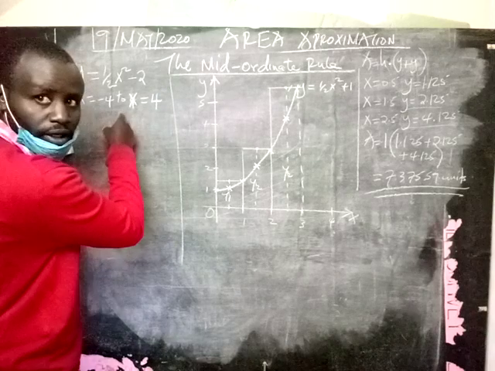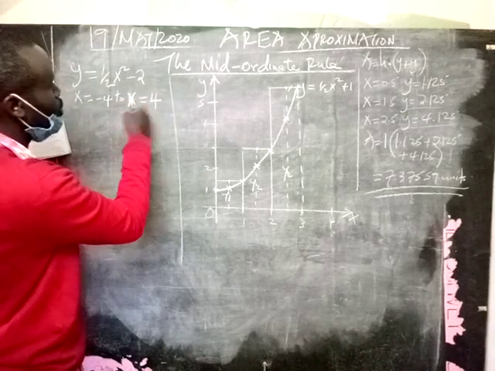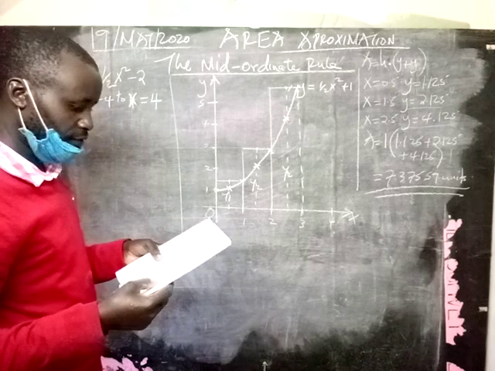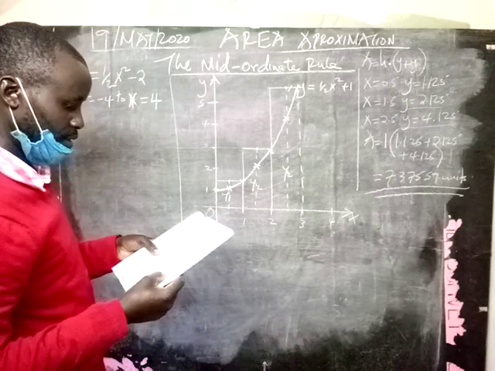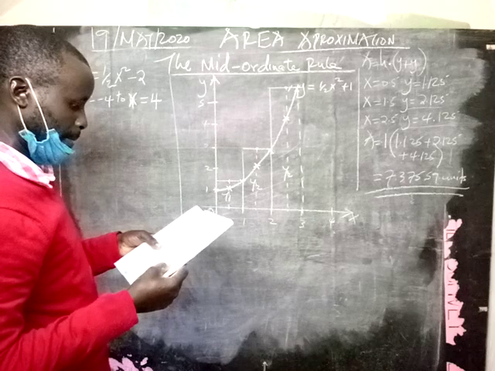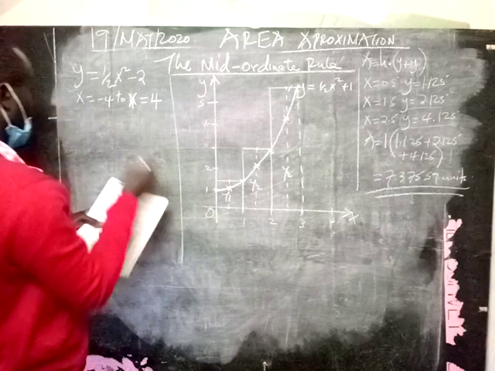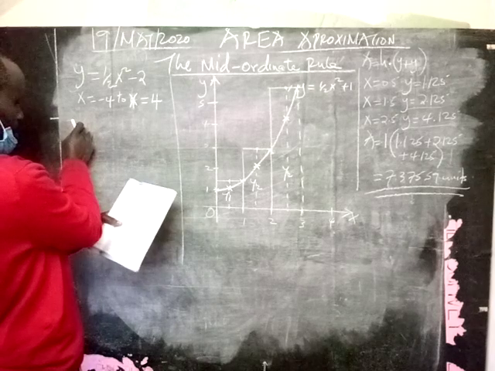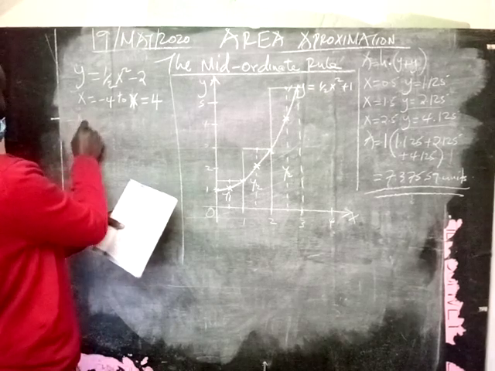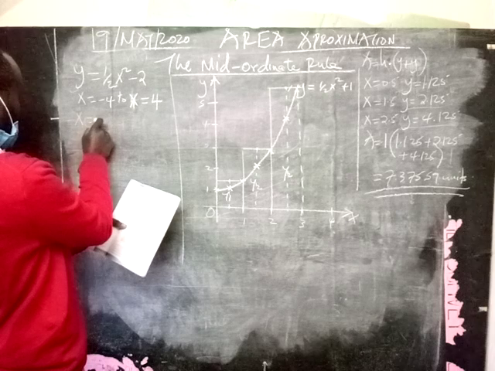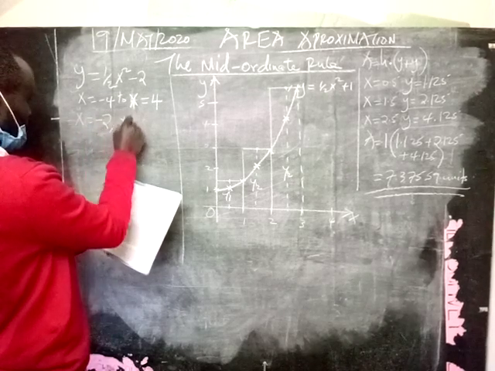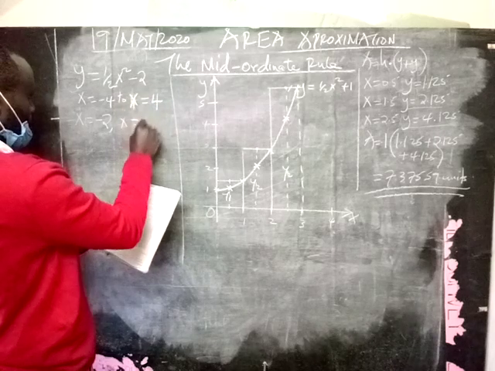It is x equals -4 to x equals 4. Estimate the area enclosed by the curve, the lines x equals -2 and x equals 4.